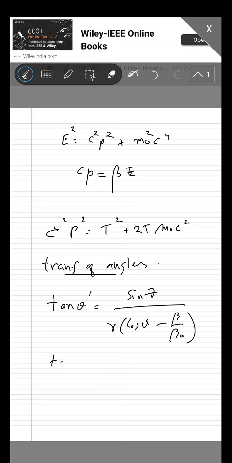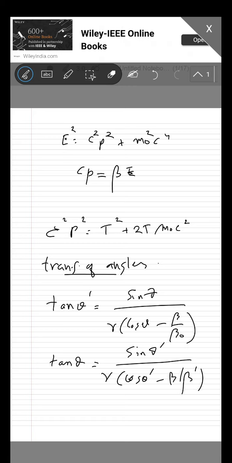You can also write theta in terms of theta dash. So tan theta is now equal to sine theta dash divided by gamma into cos theta dash minus beta by beta dash. So these are some of the effects of Lorentz transformation.